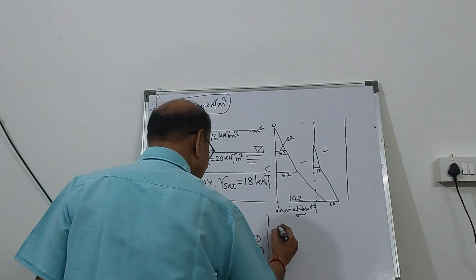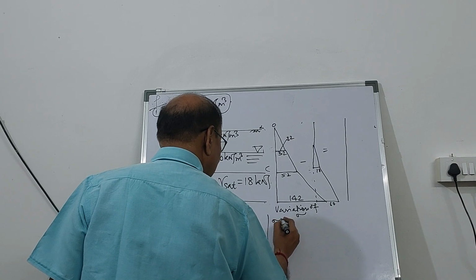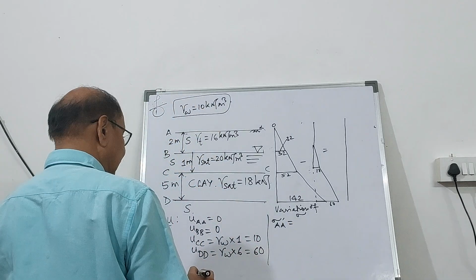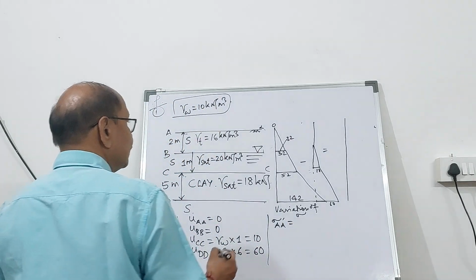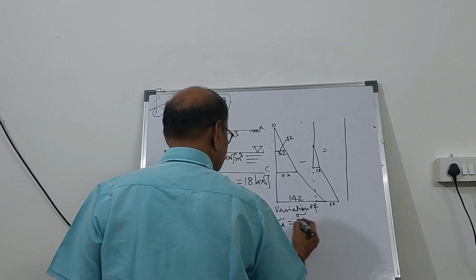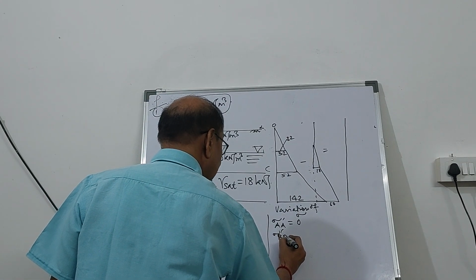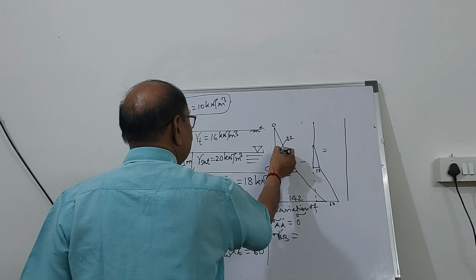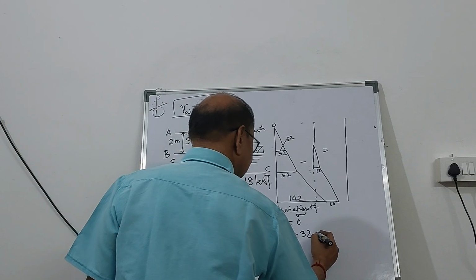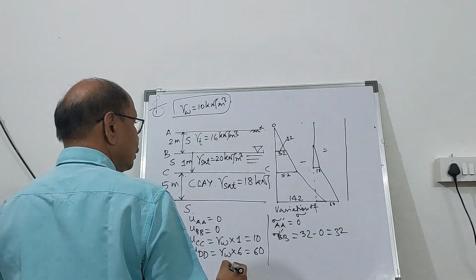Therefore, if you want to calculate sigma prime A, the effective stress at A, the total stress is 0, this is 0, so this is going to be 0. And sigma prime at BB, what is sigma B? It is 32. And what is UB? It is 0. So it remains unchanged at 32.